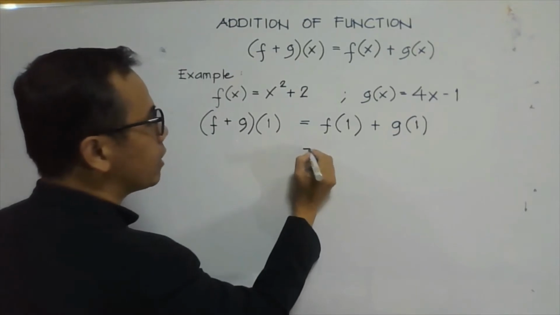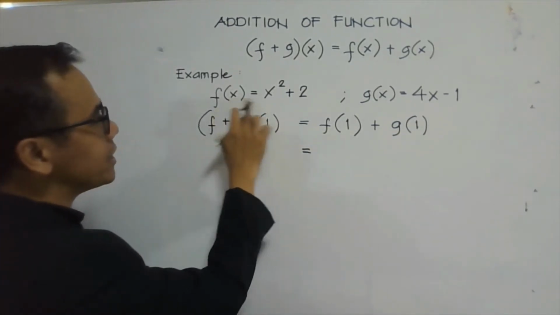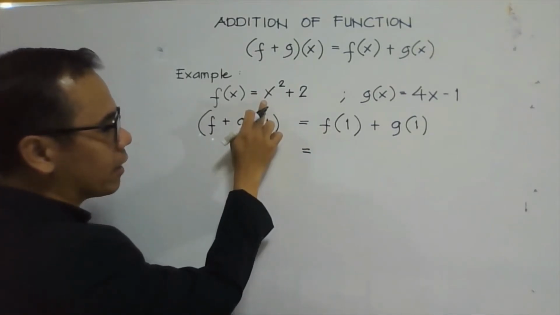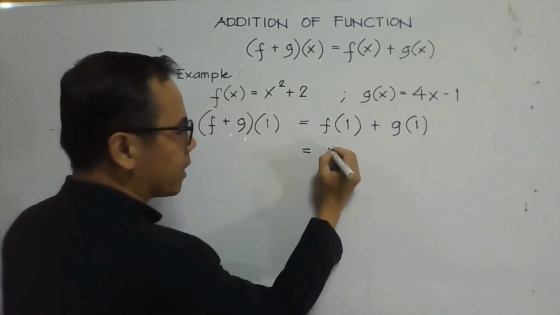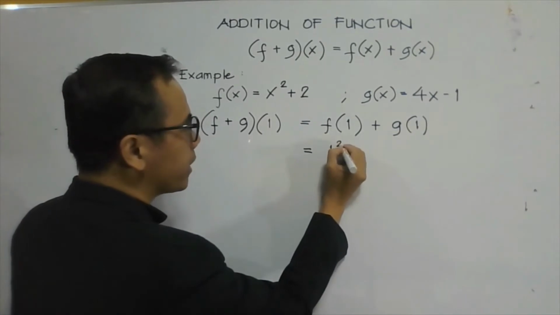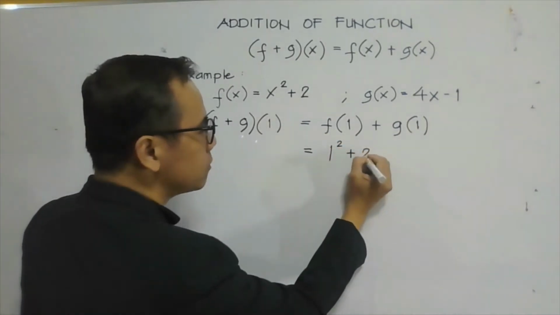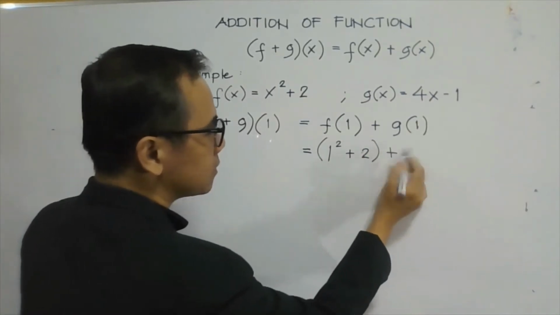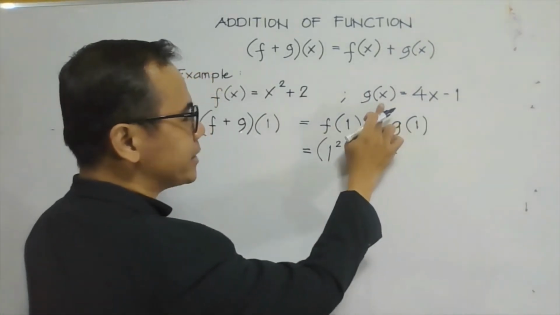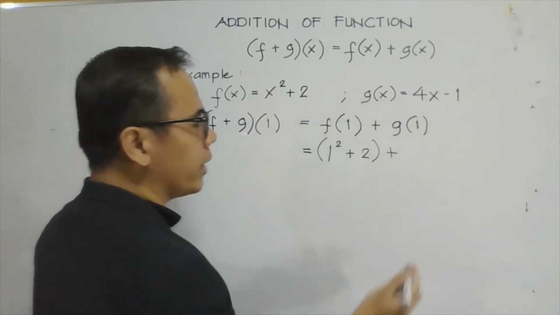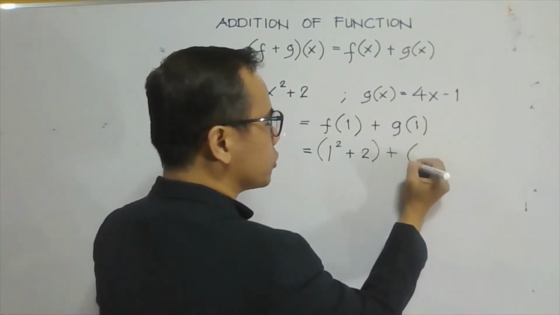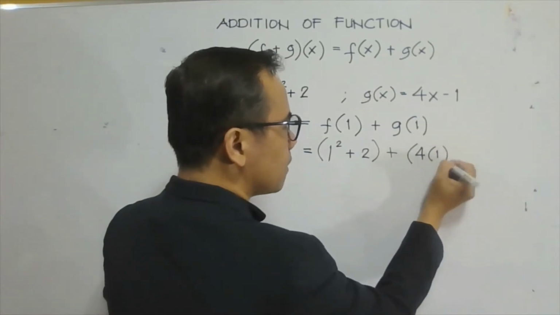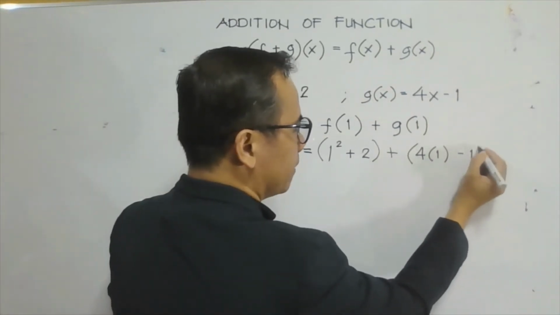So it is now equal to our f of x is equal to x squared plus 2. Replacing all x variables with 1, it becomes 1 squared plus 2. Plus our g of x, replacing all the variable x with 1, it is now equal to 4 times 1 minus 1.